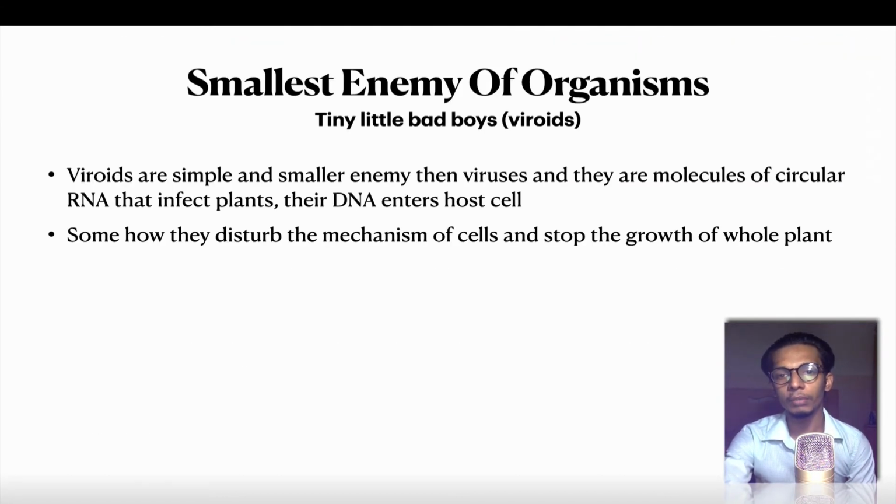Somehow they disturb the mechanism of cells and stop the growth of the whole plant. Actually, the working of viroids and prions is not properly discovered yet.